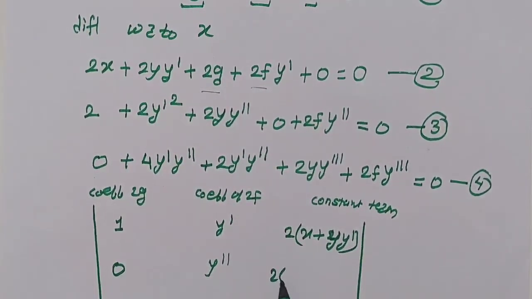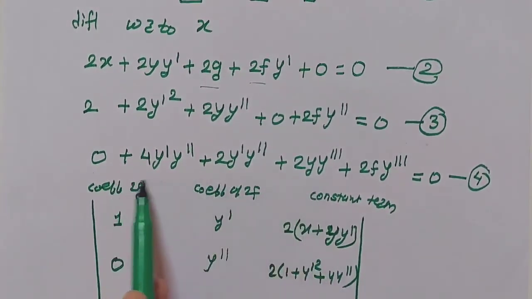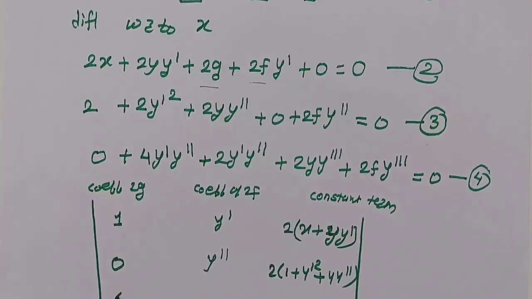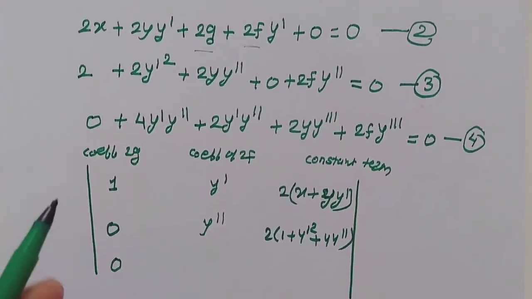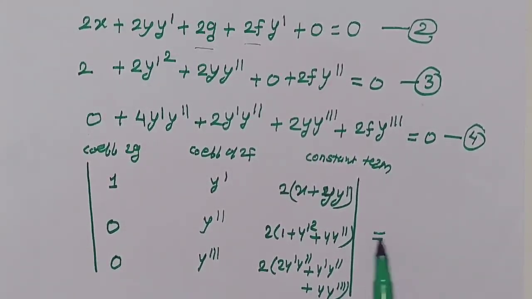So it is 2 in bracket (1 + y' squared + y y''). Again from the last equation, 2g is absent, so it is 0, the coefficient of 2f is y''', and next is the constant term. So again I take 2 common, so it is 2(y' y'' + y' y'' + y y''') equals 0.